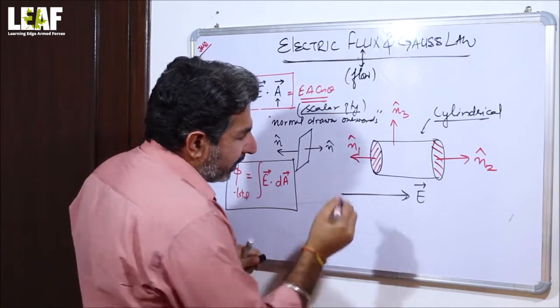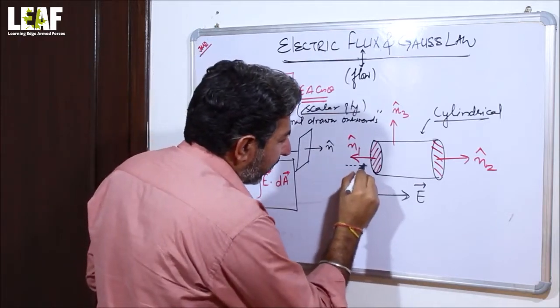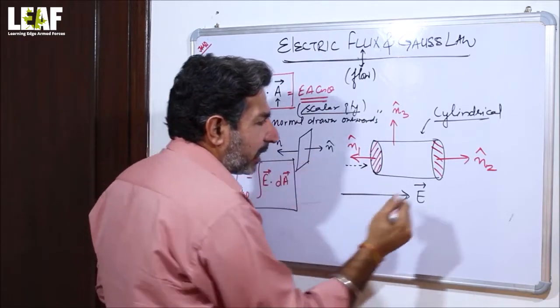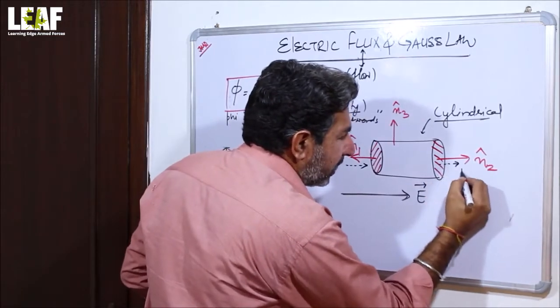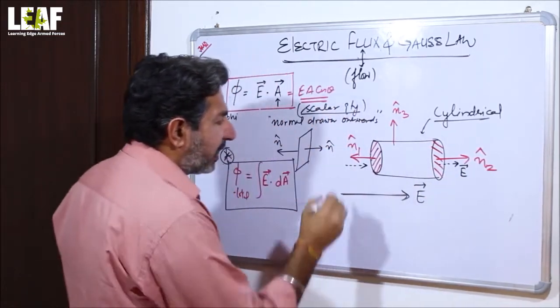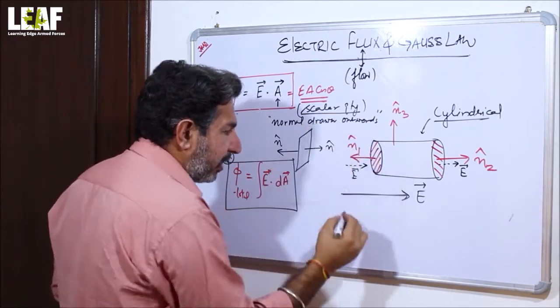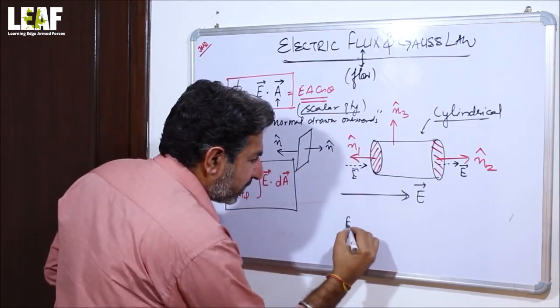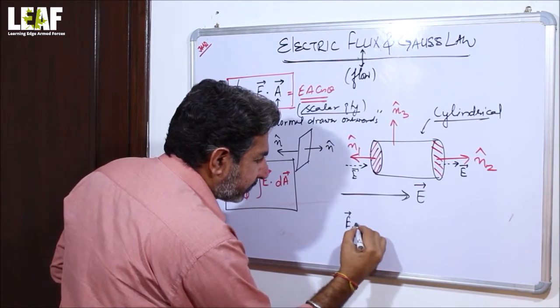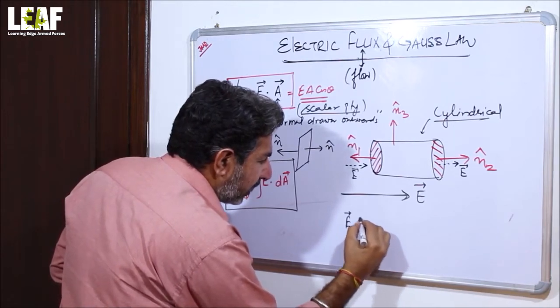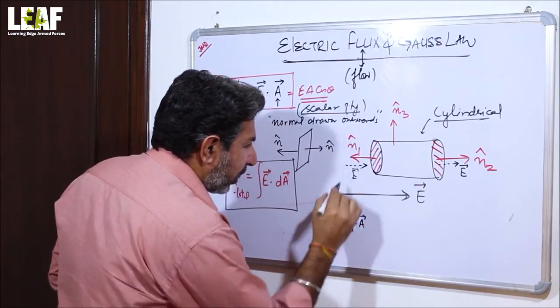Now, see what is happening here. The E is in this direction. Here, the E is in this direction. So, if I take the dot product here, what am I going to get? It is E dot A for section 1.